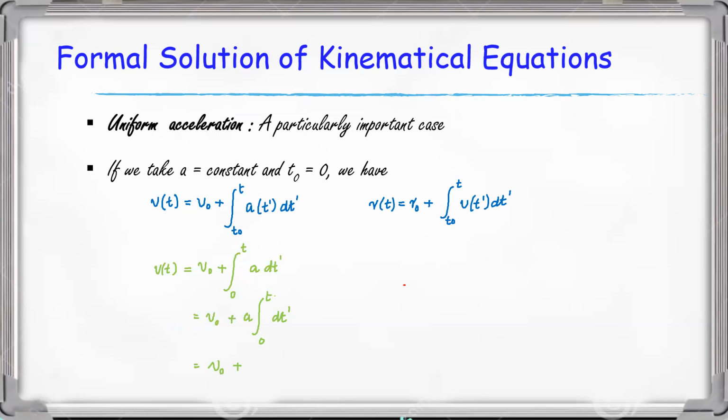The upper limit is t, so we get only a into t. v of t is equal to v0 plus at.